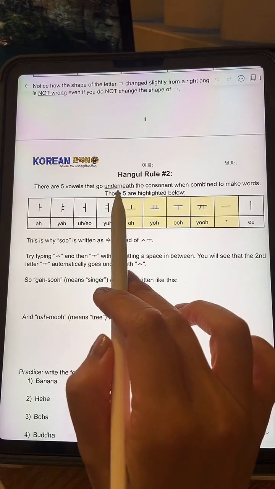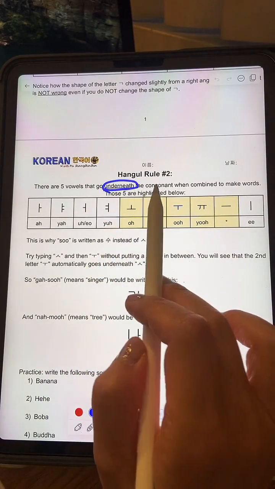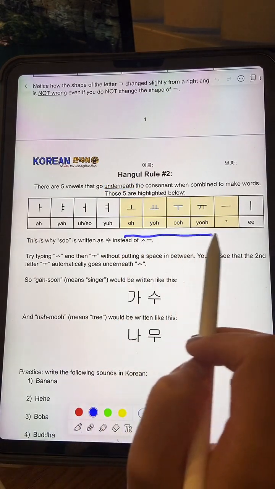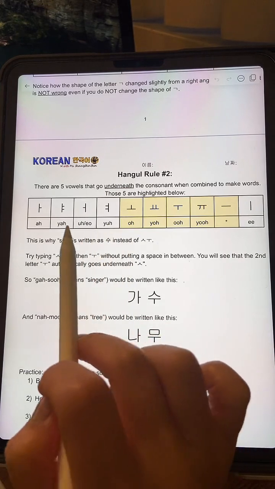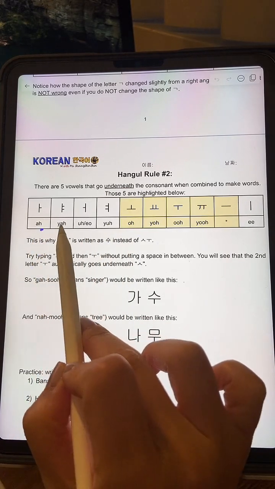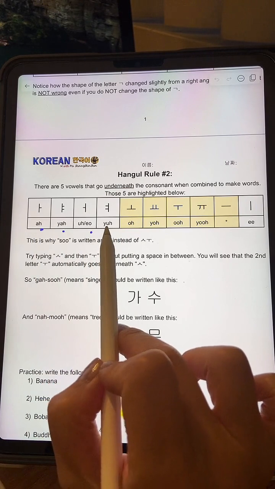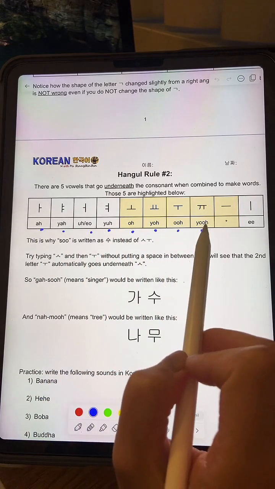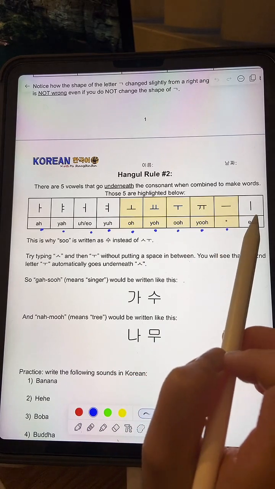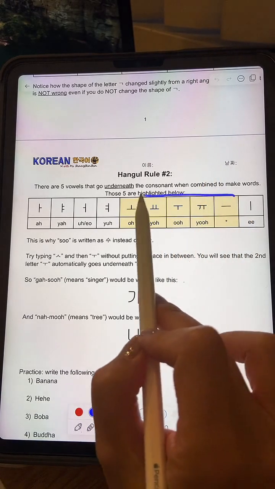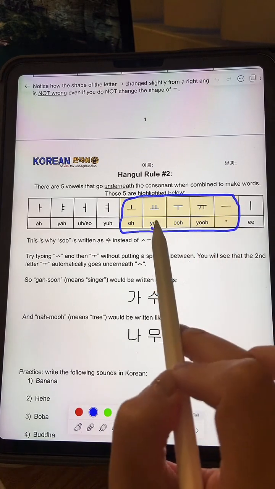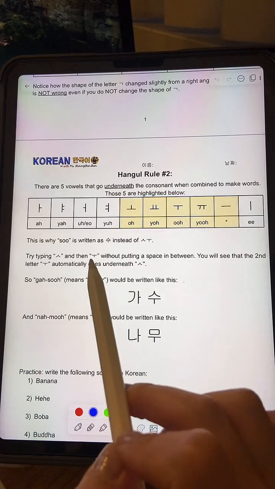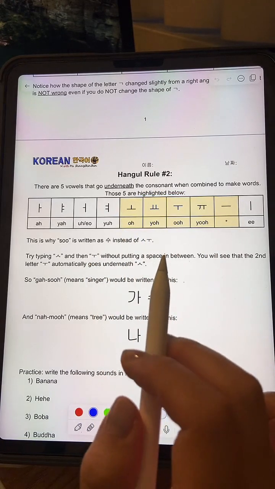There are 5 vowels that go underneath the consonant when combined to make words. These are the 5. So let's first go through the sounds from the beginning. A, ya, o, yo, o, yo, u, yu, e. These 5, o, yo, u, yu, they go underneath the first consonant.